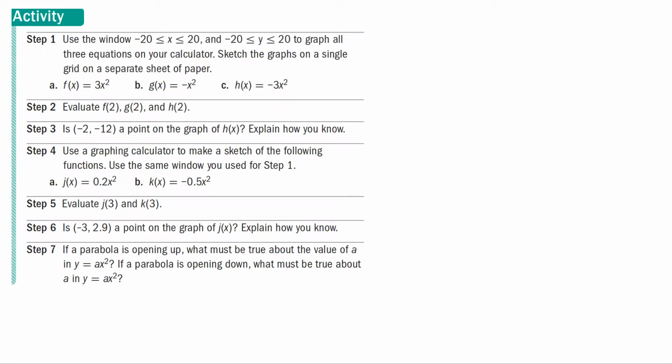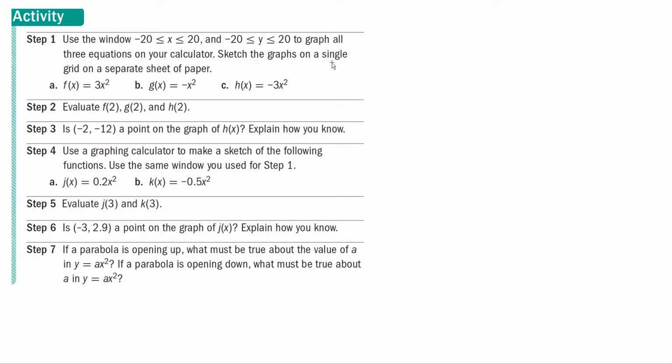On to some examples. Okay, the activity is in your textbook. It is on page 527. It says use the window, and it gives you a window for your graphing calculator. Remember, it's the biconditional inequality that describes it. Graph all three of these equations on your calculator and sketch the graphs on a single grid on a separate sheet of paper.